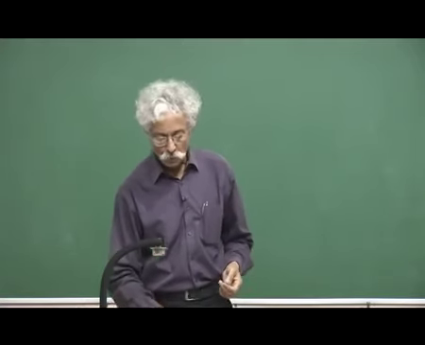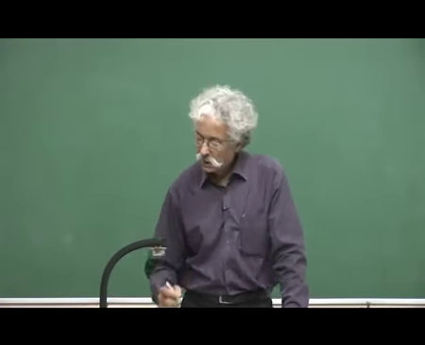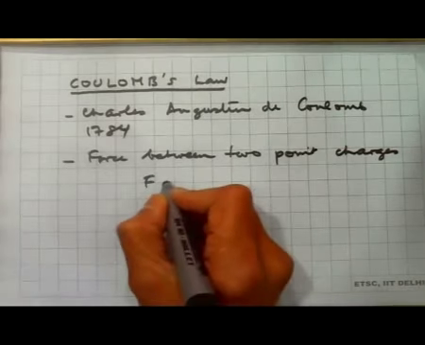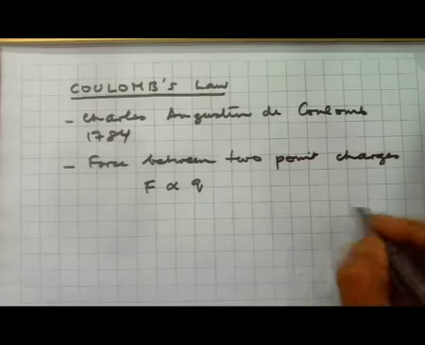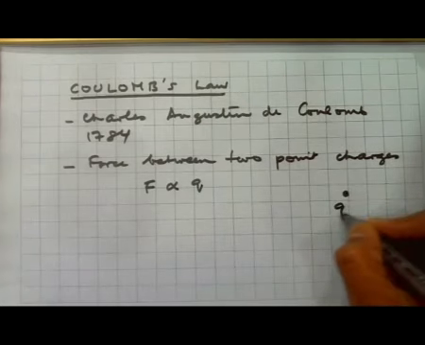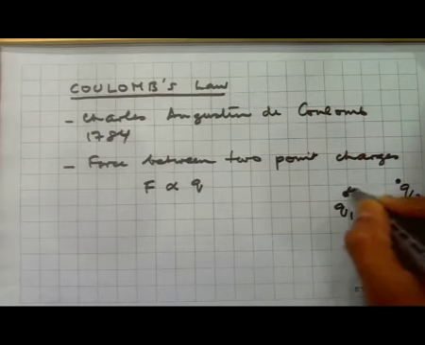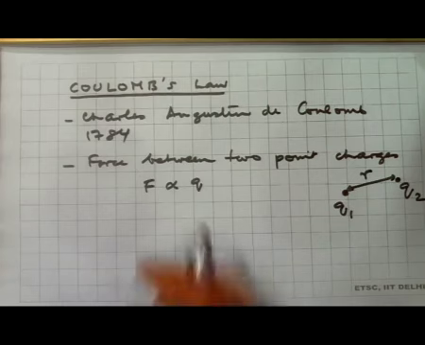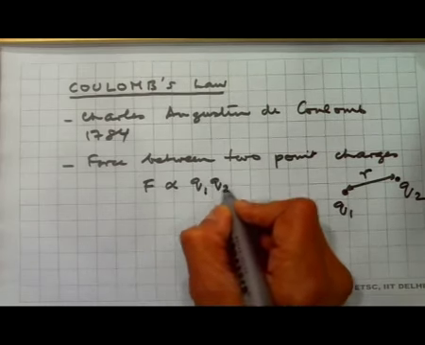The law which I am going to write now is actually valid for point charges, and it states that the force between two point charges is proportional to the individual charges. So, let me call one charge q1, another charge q2, and the separation between them is r. So, the force is proportional to the product of the two charges.